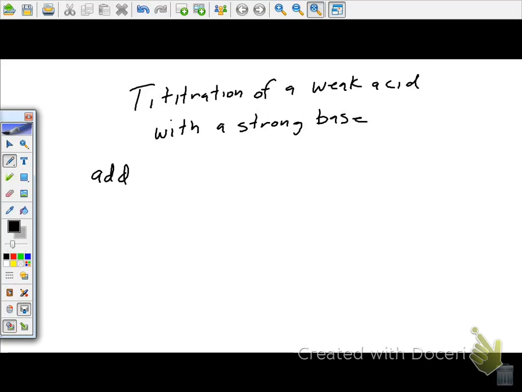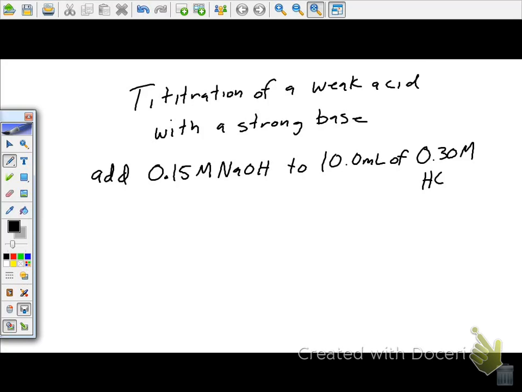Okay. So we're going to add 0.15 molarity NaOH to 10 milliliters of 0.3 molarity HC2H3O2, which is acetic acid or vinegar.